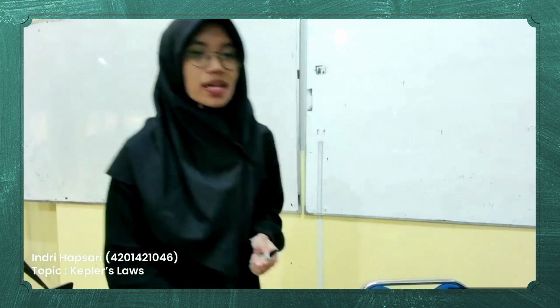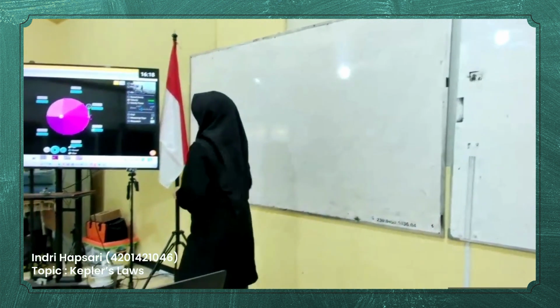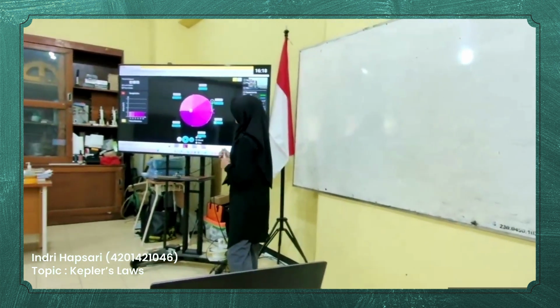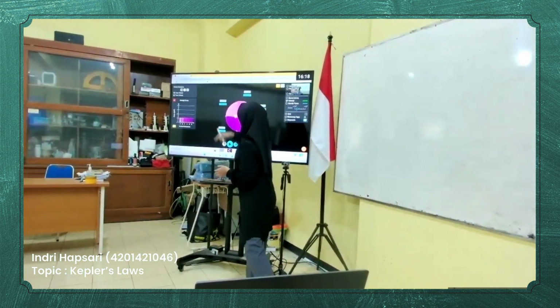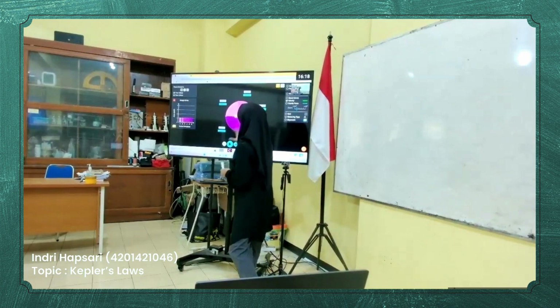But in this simulation, we can increase the areas to 6 areas. Let's see the screen. There are 6 different areas, 1, 2, 3, 4, 5, 6, that have different sizes.